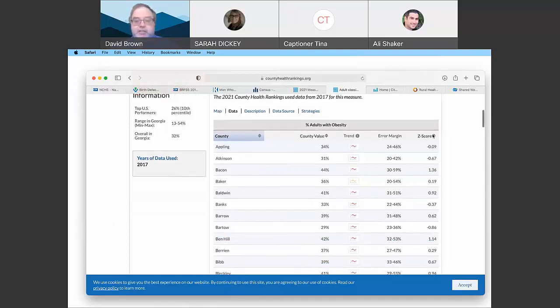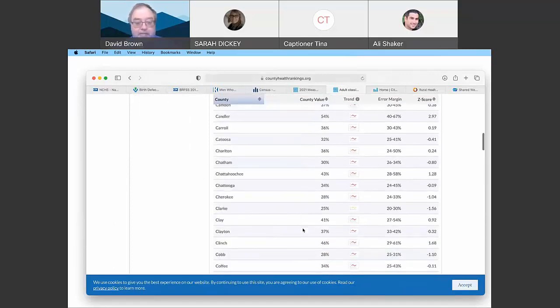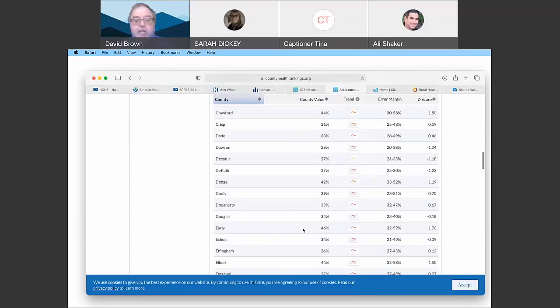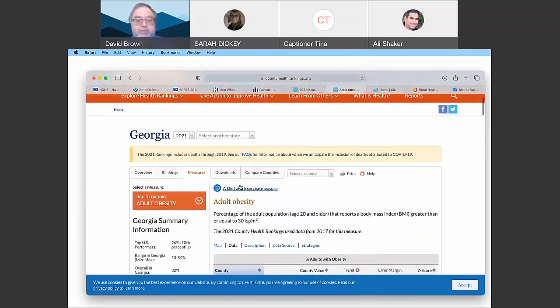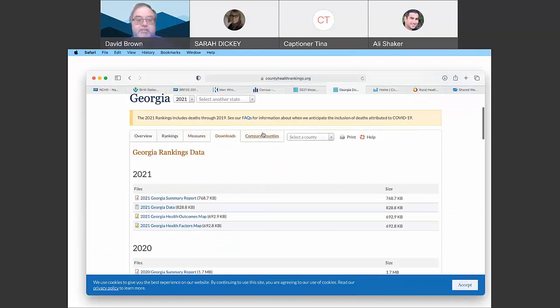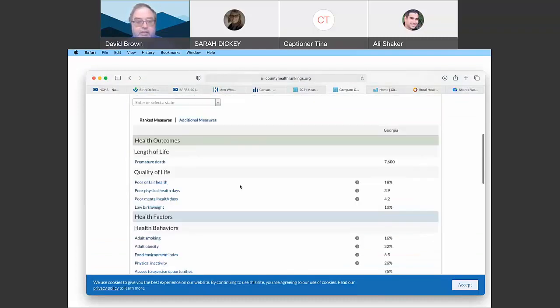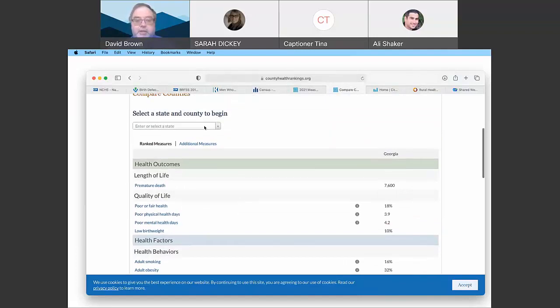We don't have to get into margin of error or z-scores, not what we're talking about today, but in general, a lot of good information that you can find. And again, you can download this. You can compare counties against each other. There's a lot of ways of looking at it.